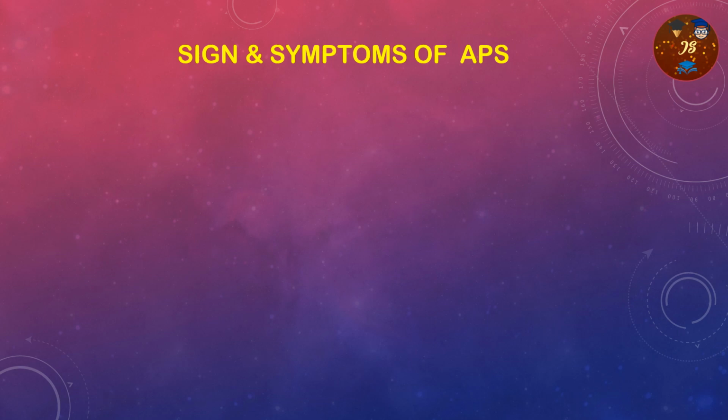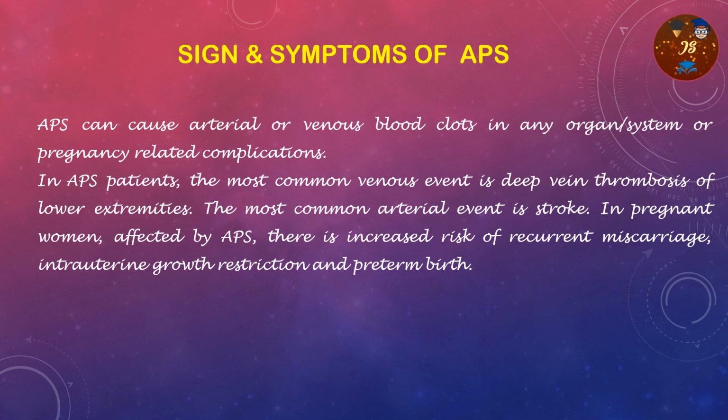So what are the signs and symptoms? APS can cause arterial and venous blood clots in any organ or system, or pregnancy-related complications. In APS patients, the most common venous event is deep vein thrombosis. It's a very important line. Deep vein thrombosis of the lower extremities, meaning in the leg. The most common arterial event is stroke.